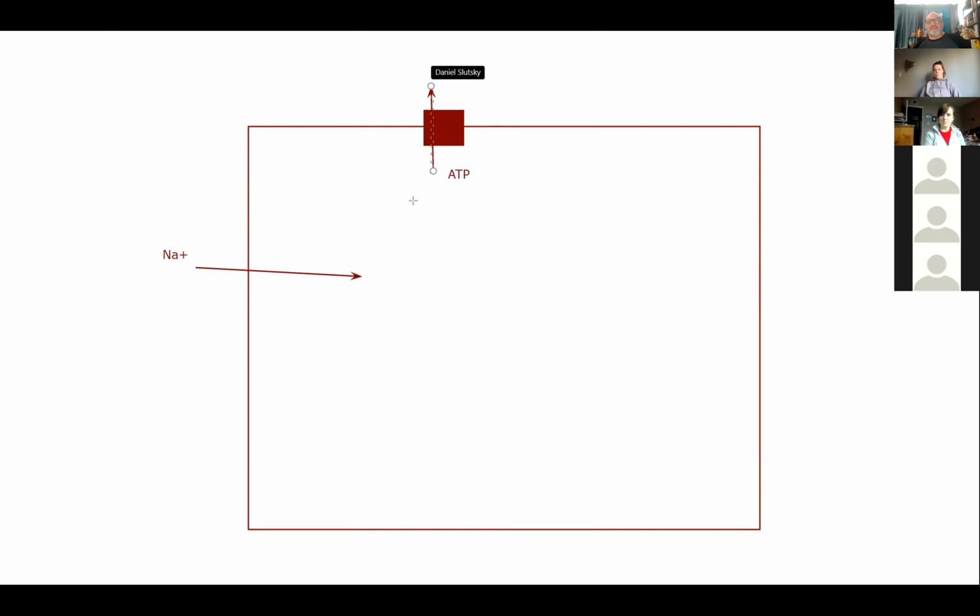As long as the amount of sodium coming in and the amount of sodium going out are the same, then the cell stays at its resting membrane potential. But to kick it back out requires energy. So it's constantly using massive amounts of energy to do a massive amount of work. So every living functional cell in the body is going to require energy, oxygen and glucose so that it can be producing ATP, so it can do all the work that it needs to do.